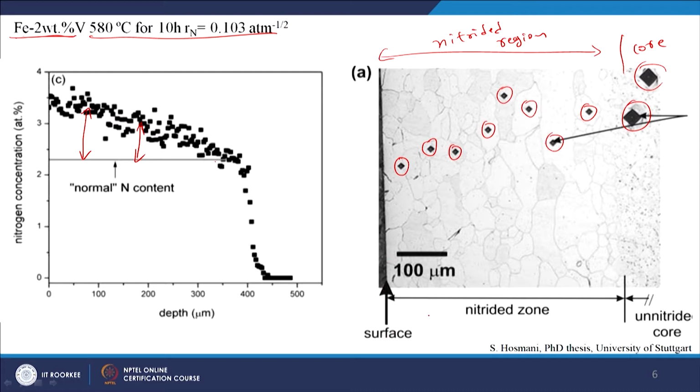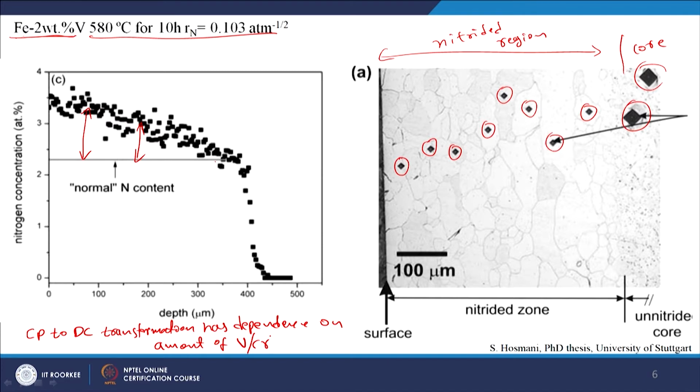This is the surface and you are going into the sample and you see only the continuously precipitated region. That means the Cp to DC transformation has dependence on the amount of vanadium or chromium, for example. Yeah. So, that is the situation.